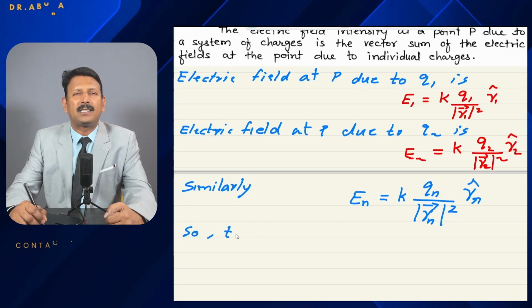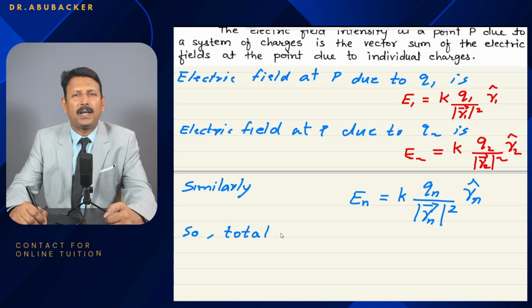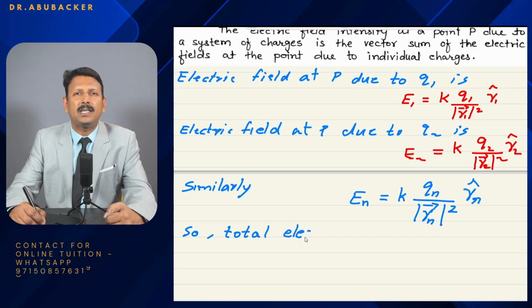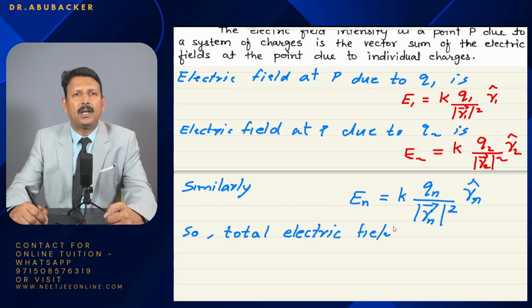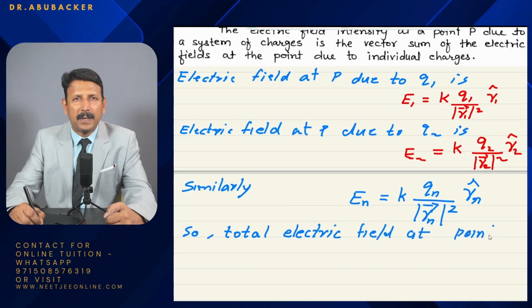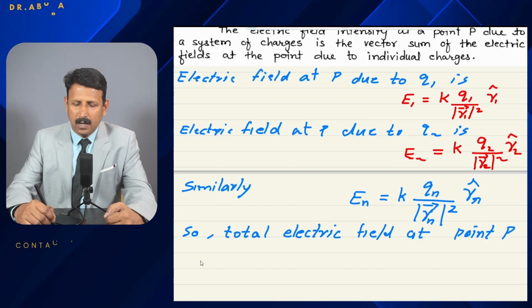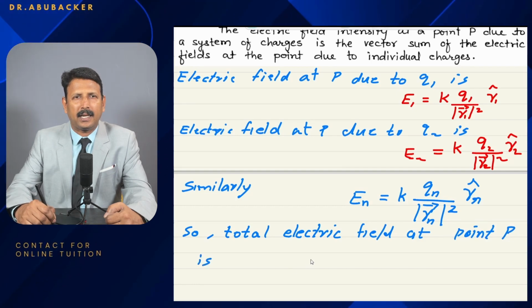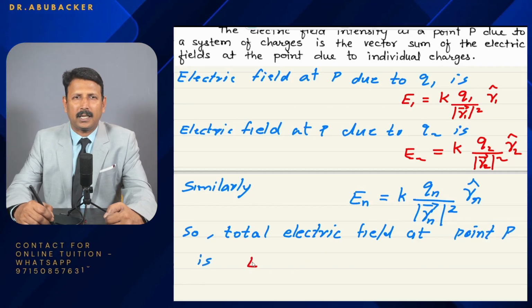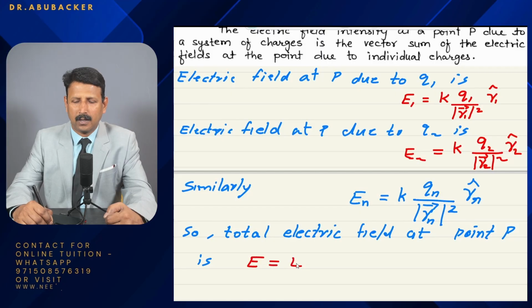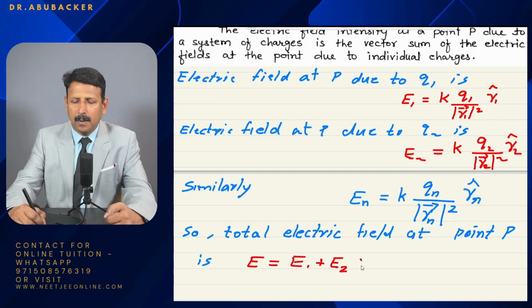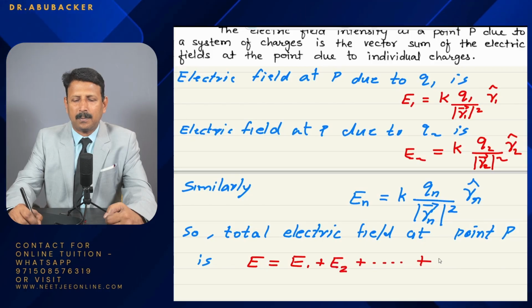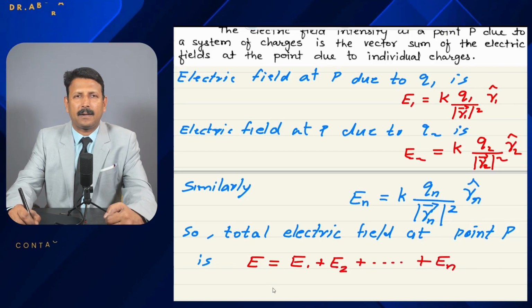What we said in the statement is that the total electric field at the point P will be the vector sum of the individual electric fields. So the total electric field at point P, we can write as capital letter E total, or just E, is equal to E1 plus E2 plus E3 up to the last one, En.